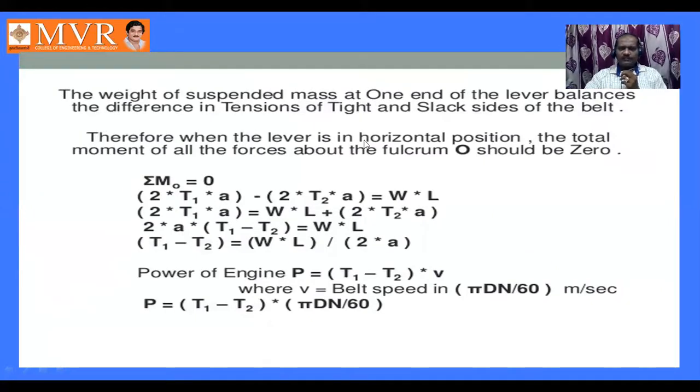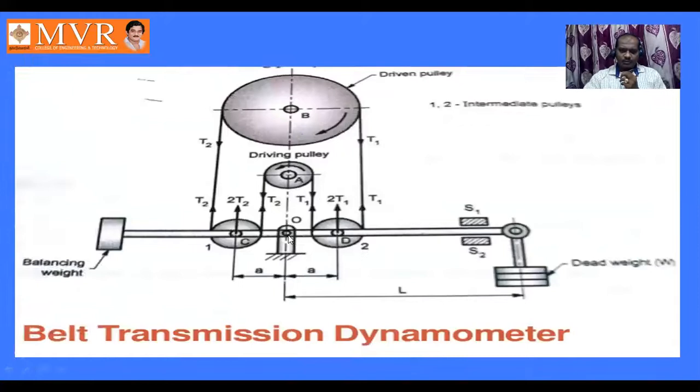Therefore, when the lever is in horizontal position, the total moment of all the forces about the fulcrum O should be 0. That means if you take the moments about O equal to 0, then what happens?